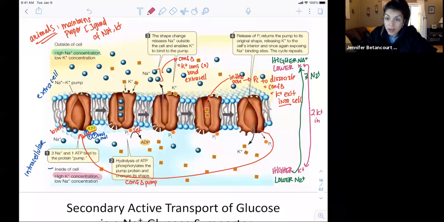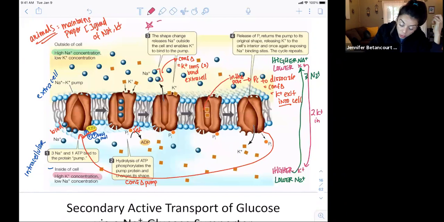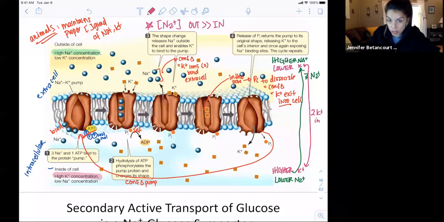So the cell's nowhere near equilibrium. It's now even further from equilibrium. So what the heck? Why did this have to happen? The take-home message here is that the sodium-potassium pump functions to establish a very severe, significant, grave concentration gradient of sodium such that it is very high outside, in the extracellular region versus the intracellular region.